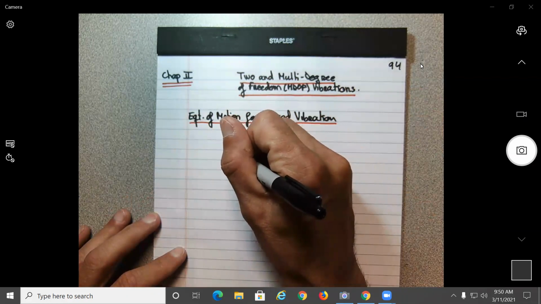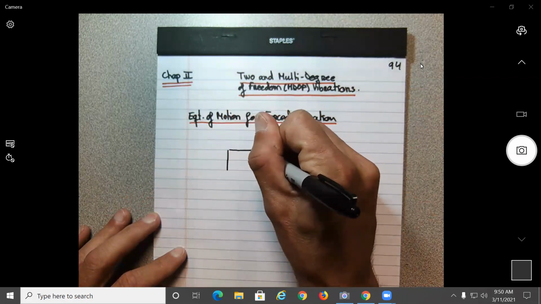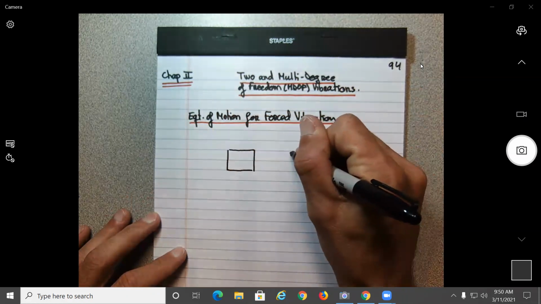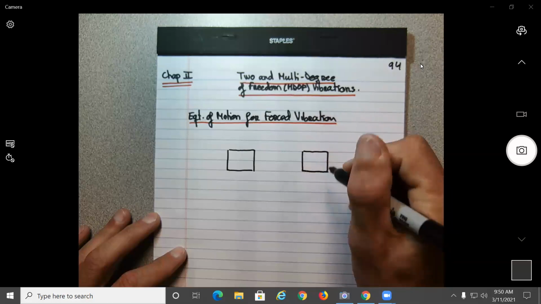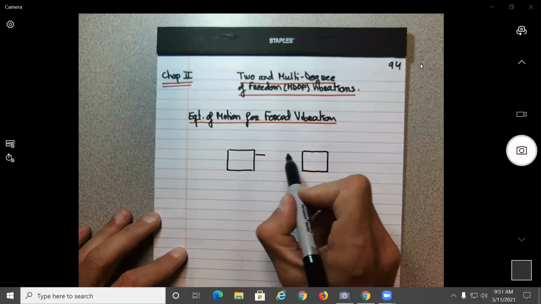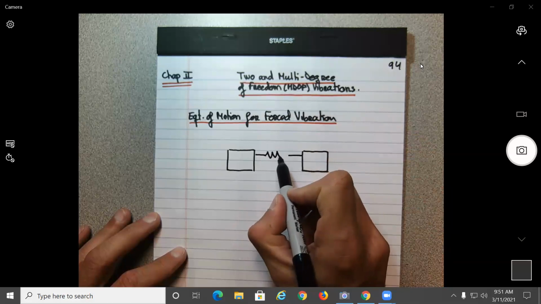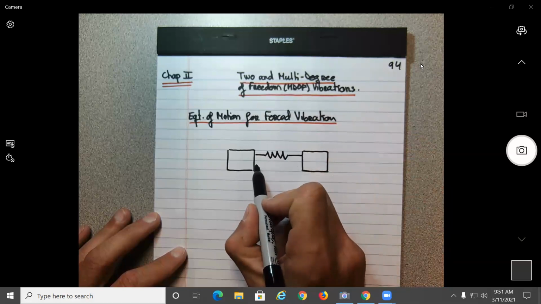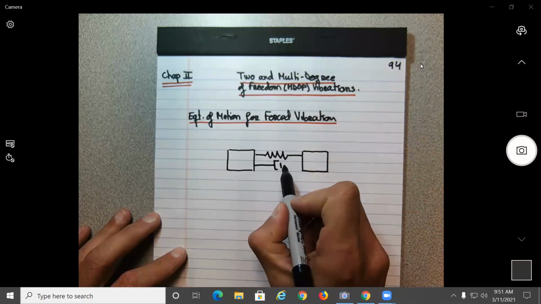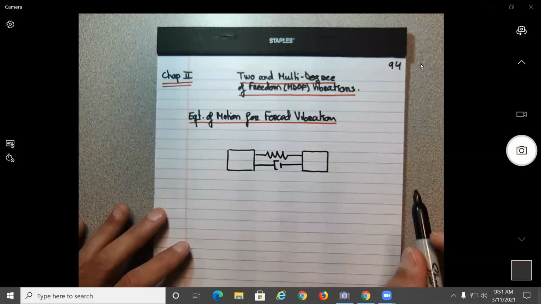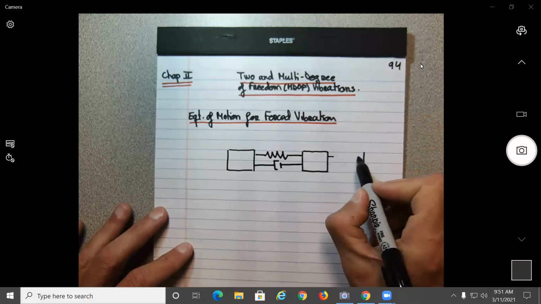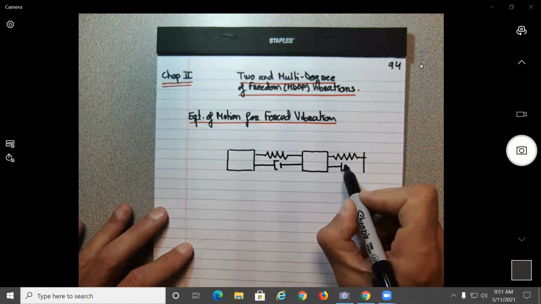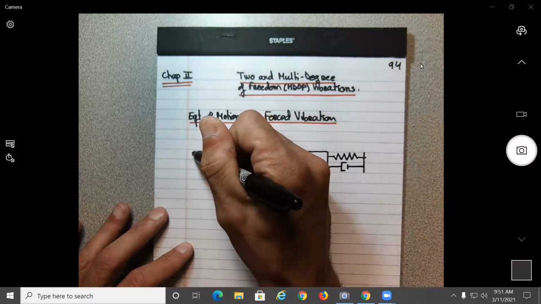So we need 2 masses. All right, so this mass may be connected by spring, damper. We have the same thing over here, and the same thing on that side.